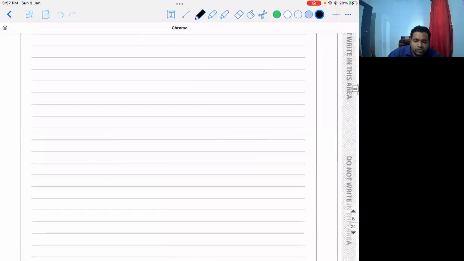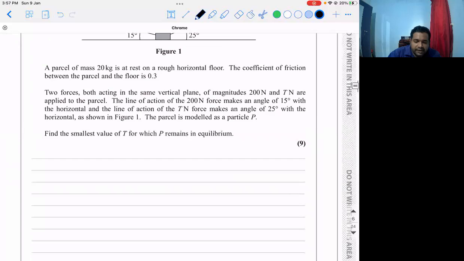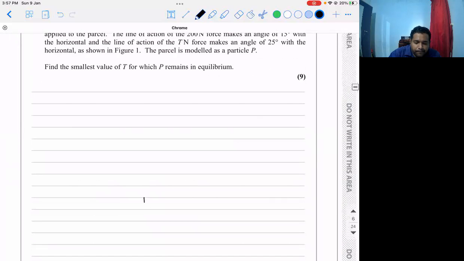How? So here the particle P is our particle P. What is free body diagram, my dear students? It is actually a diagram in which we will remove all the supports, and in this diagram we will keep all the forces acting on this particle.